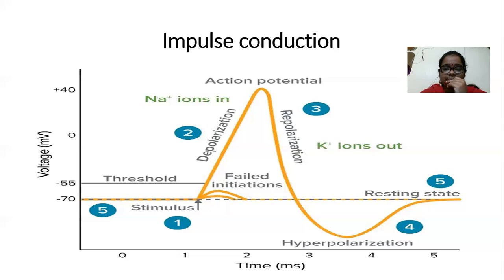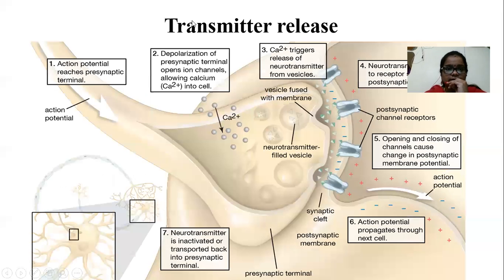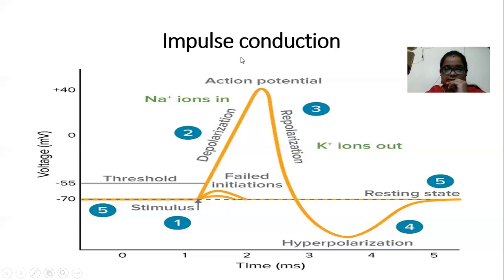The total process is known as depolarization, and then we get the action potential. After the action potential comes transmitter release, the second step in neurohumoral transmission. So this is the total set of action potential phases.